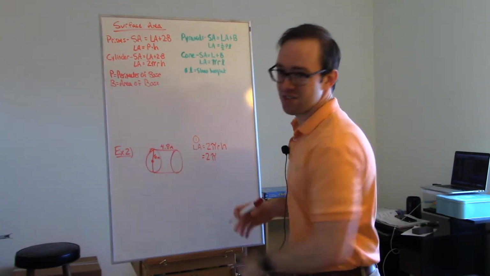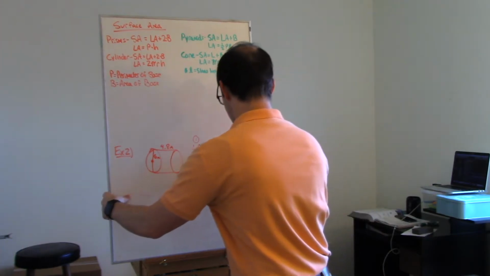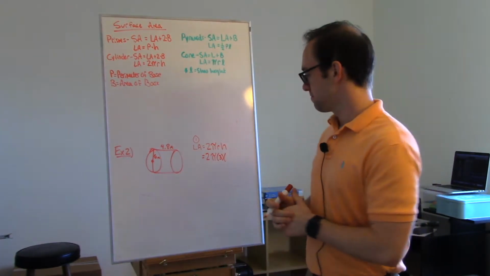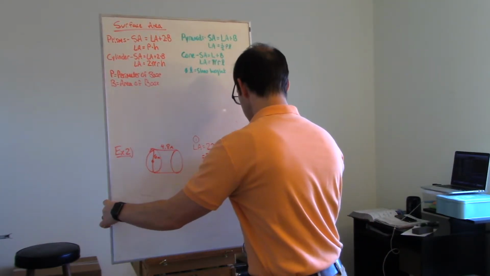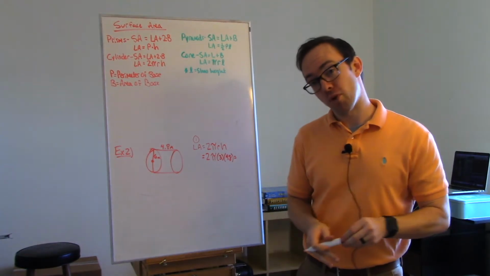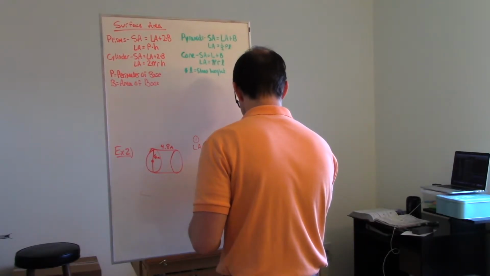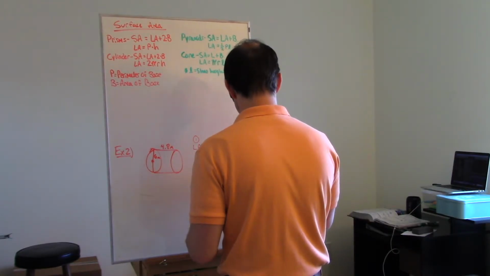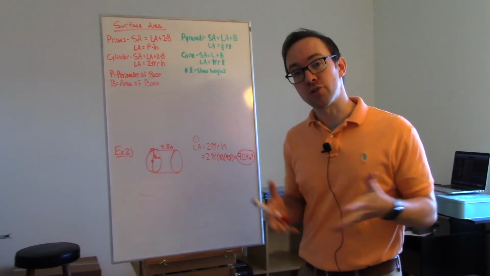So 6 is the diameter, and to get the radius, we simply divide it by 2, so 2 pi times 3, and then the height is 4.8. So if you plug that in, you get 90.4 meters squared.